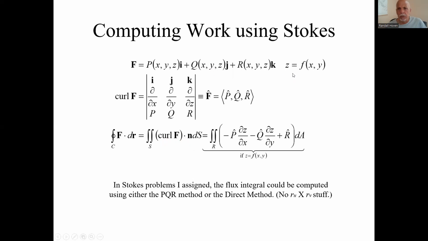Otherwise, I only use PQR when z is a function of x and y, when the surface can be expressed that way. So when I did Stokes problems in my class, when you did the flux part of the problem, you'd use either the PQR method or the direct method, not the general method.